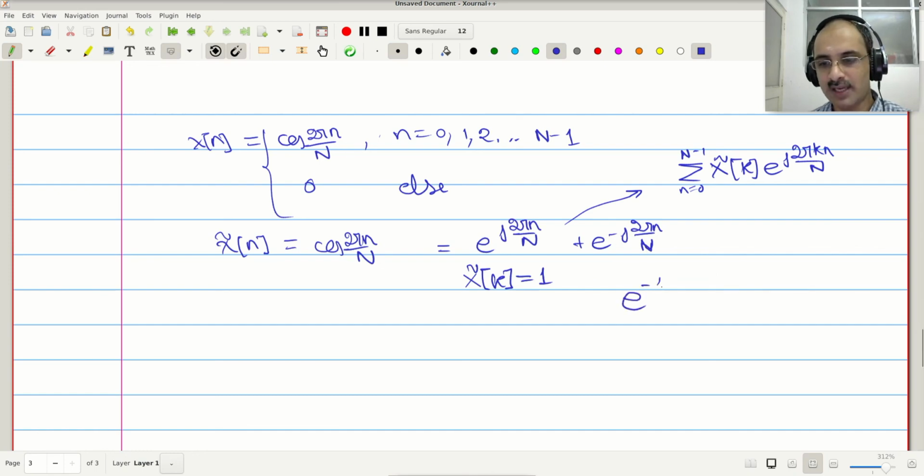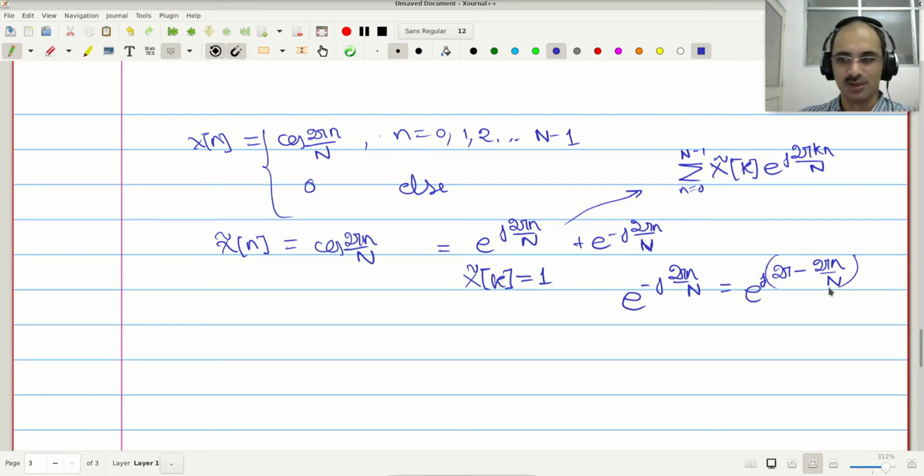We know e power minus j 2 pi n by N is equal to e power j 2 pi minus 2 pi n by N. Do you agree with me? Because you can always just multiply by e power j 2 pi. There's no problem with that.